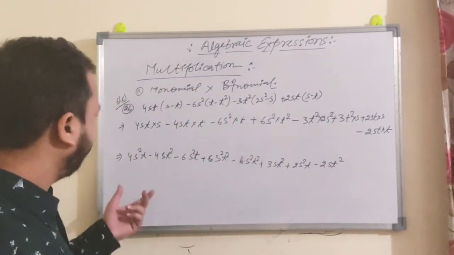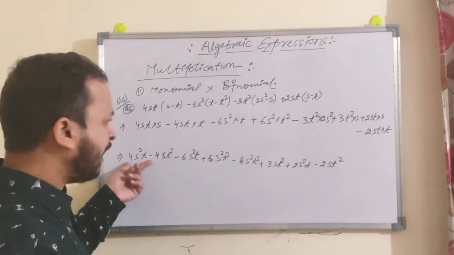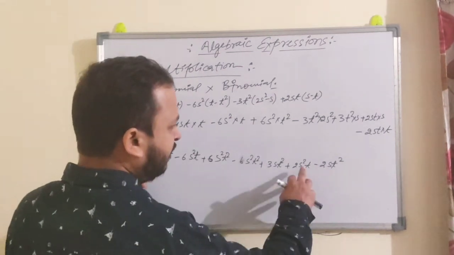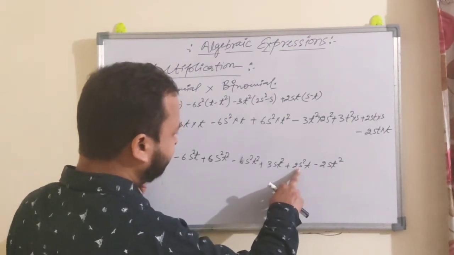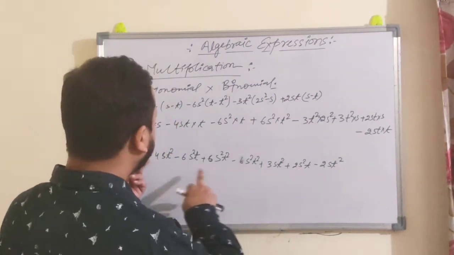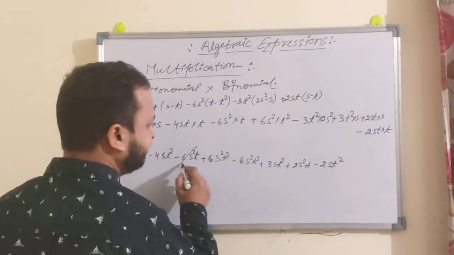Now we have to make groups of like terms. Here 4s square t and 2s square t, that makes 6s square t with positive sign, and here 6s square t with negative sign. You can cancel it out.